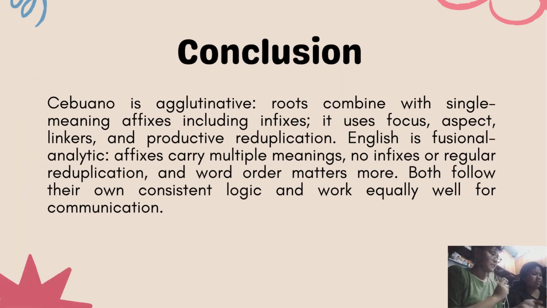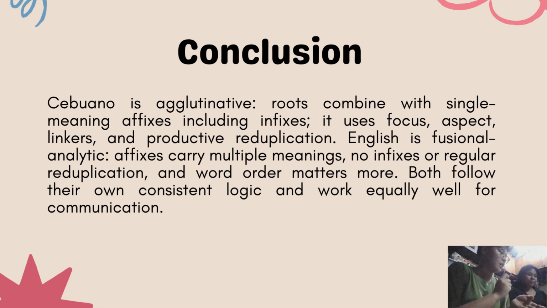So, in conclusion, Cebuano is agglutinative. It builds words from roots using prefixes, infixes, suffixes, and circumfixes, with each affix having one clear meaning. It uses focus, aspect, linkers, and productive reduplication. English is fusional-analytic.